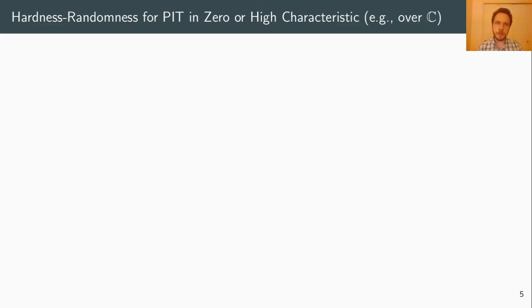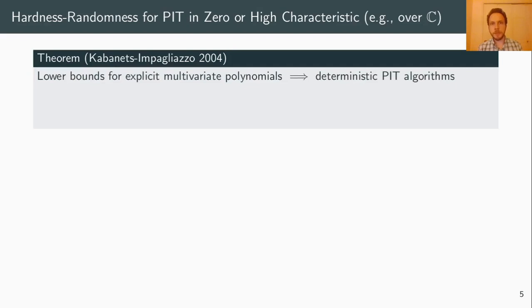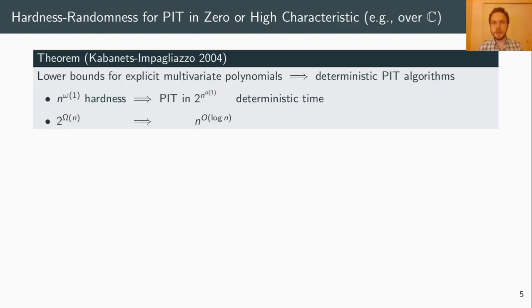The main result here is due to Kabanets and Impagliazzo from the early 2000s, where they essentially proved the theorem that you want to prove. Namely, they showed how to de-randomize PIT under lower bound assumptions. Quantitatively, they show that a superpolynomial lower bound yields a sub-exponential time algorithm for PIT, and an exponential lower bound yields a quasi-polynomial time algorithm.